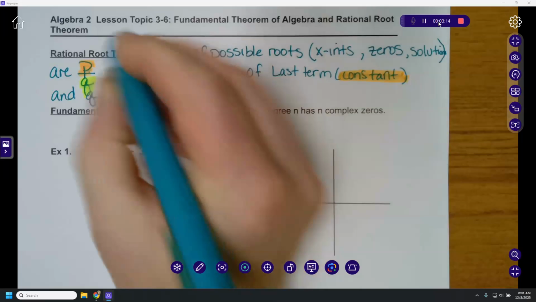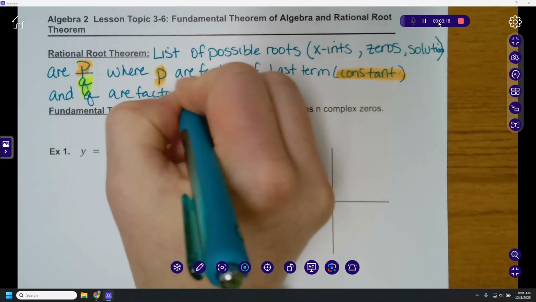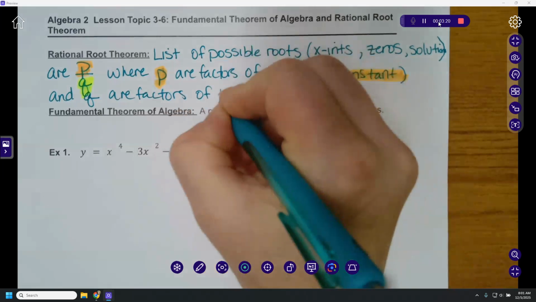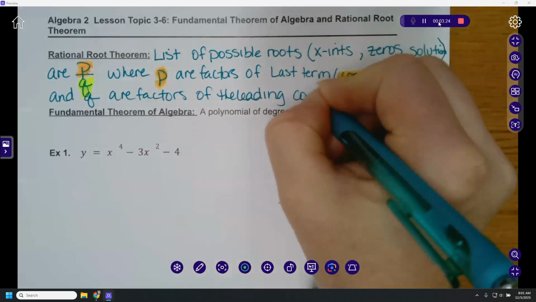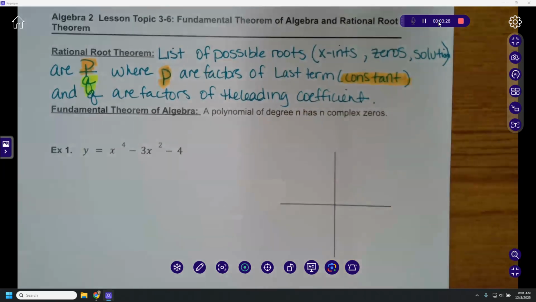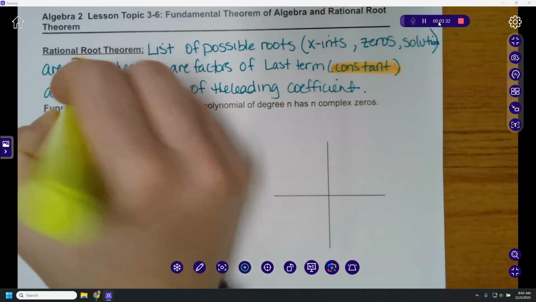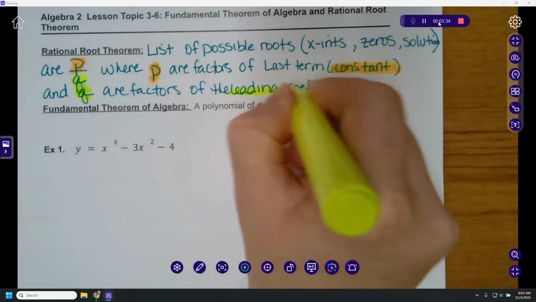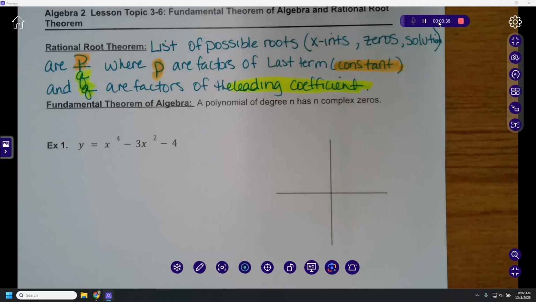And Q are the factors of the leading coefficient. Okay.